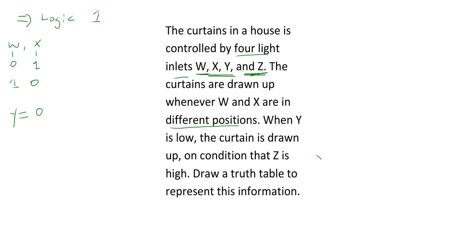So when Y is 0, the curtains will be drawn only if Z is 1, which is high. Those are the meanings of the conditions. So we represent in our truth table using 4 inputs, which are W, X, Y, and Z.